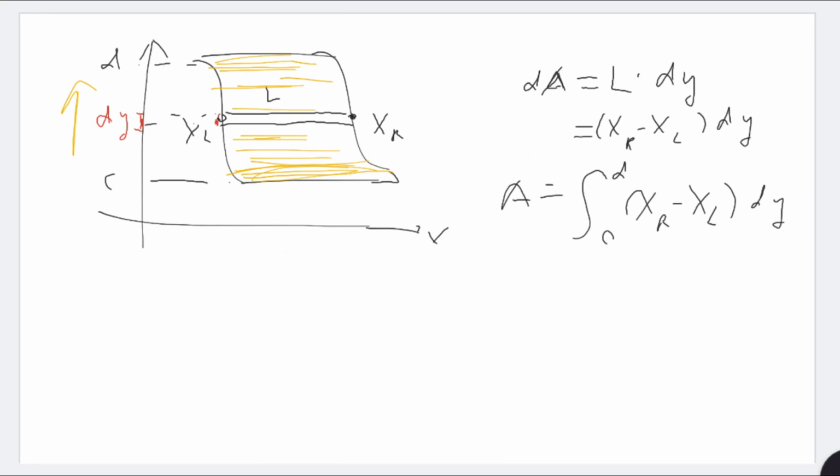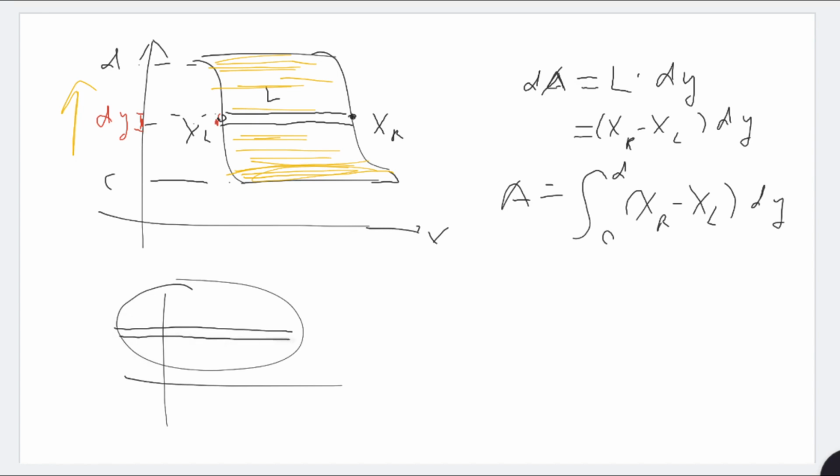Sometimes you don't even have to extend. Say you have a region like this. You pick a horizontal strip, it has actually already intersected the y-axis, so you know it's dy.